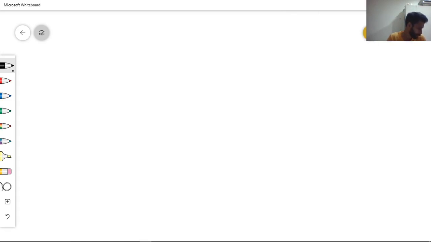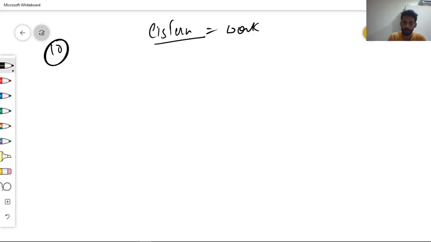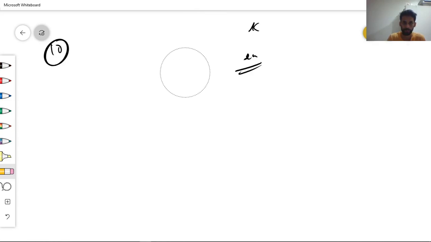Question number 10 now. Question number 10, you have to just understand this. This cistern means work. Okay, the tap or pipe will be meaning man. Just the same thing whatever we have done in the previous way, we will do the same way, but we have to just change this value.